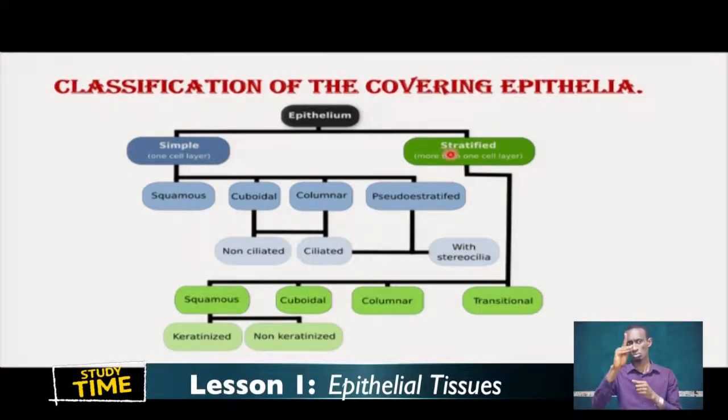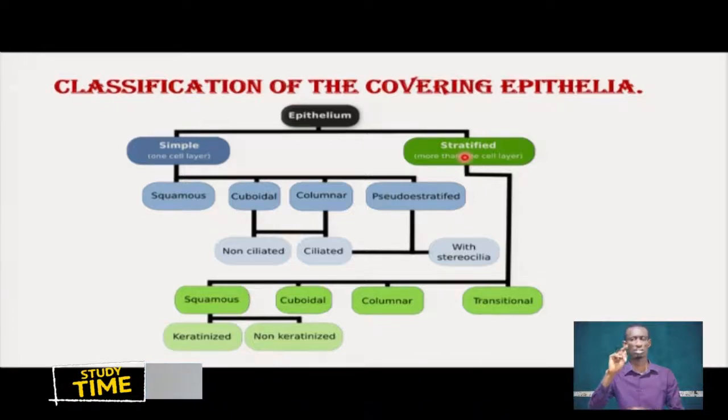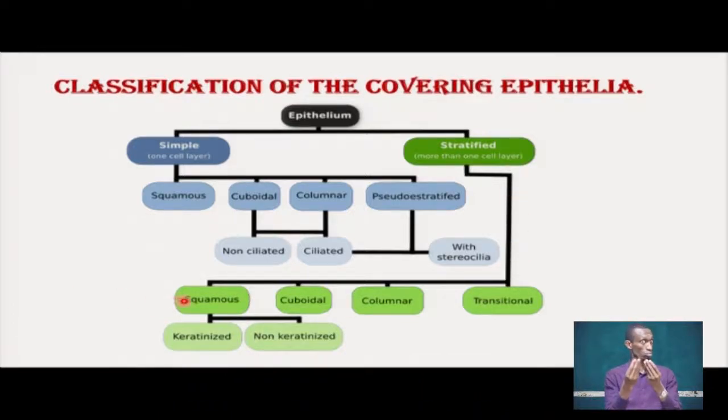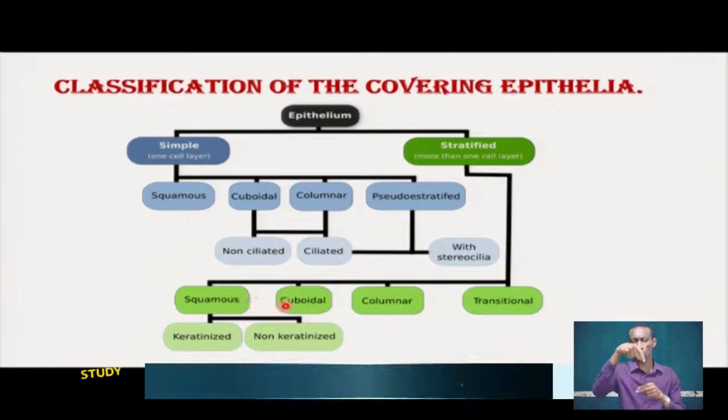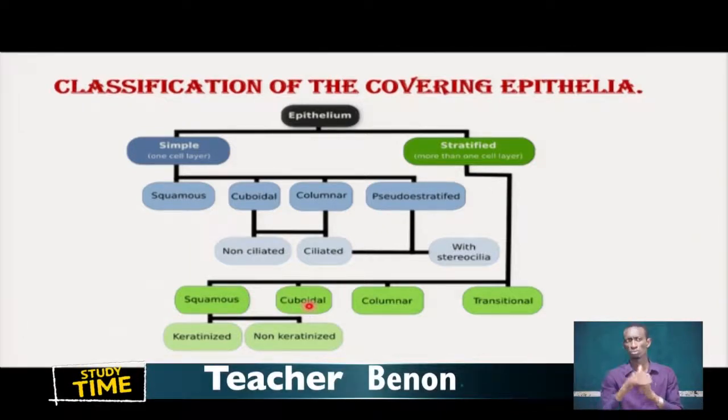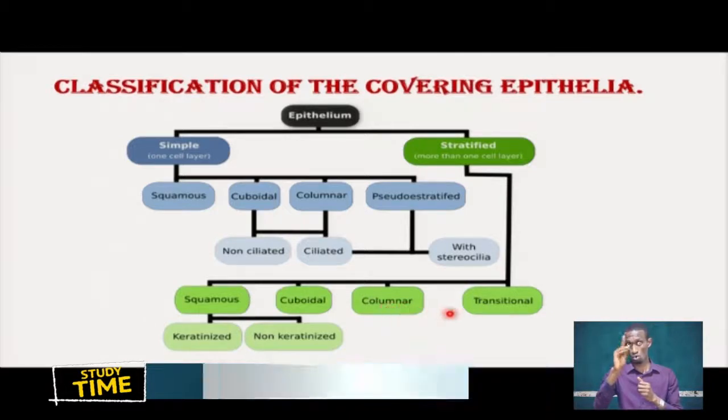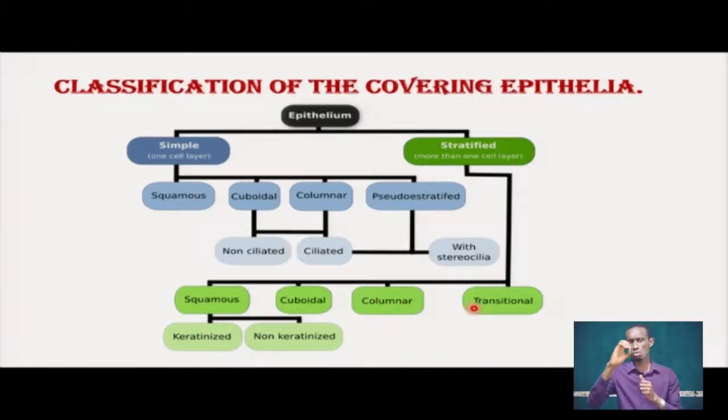Then we have what we call stratified epithelium, where we have what we call squamous, cuboidal, columnar, and transition, which means we can say stratified squamous epithelium, stratified cuboidal epithelium, stratified columnar epithelium, stratified transition epithelium.